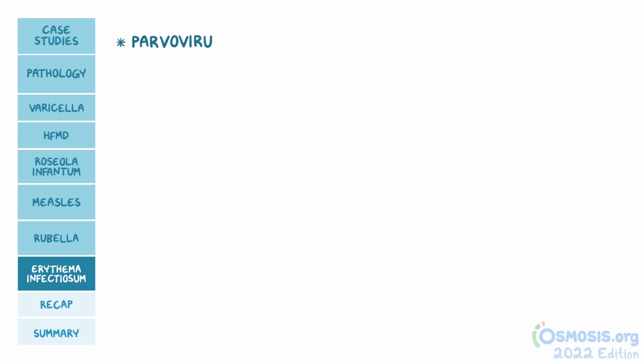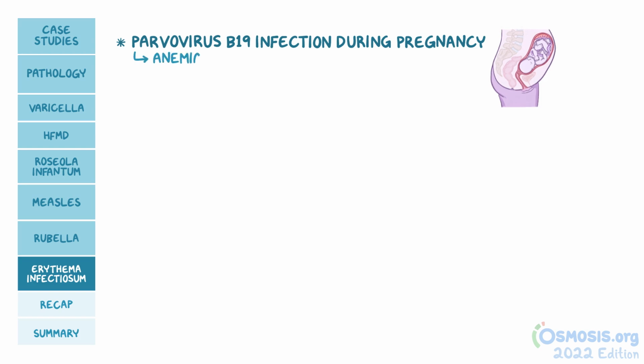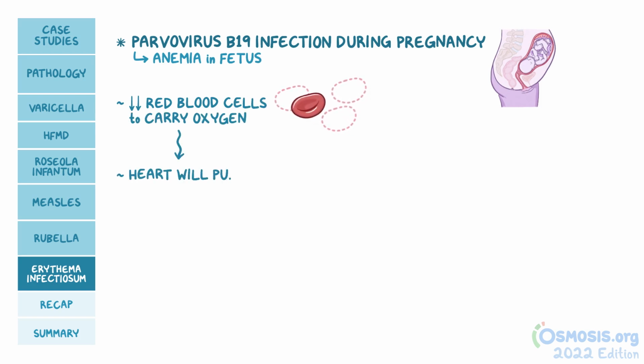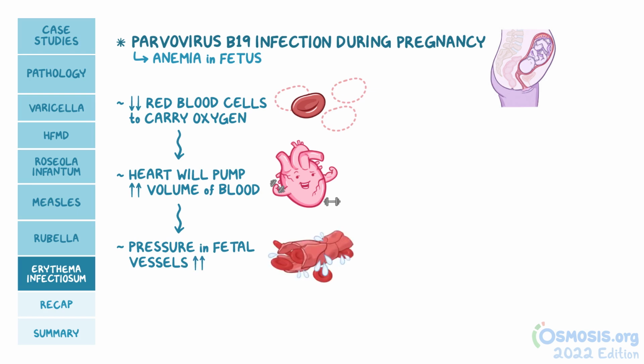Now, parvovirus B19 infection during pregnancy can also cause anemia in the fetus. Because there are fewer red blood cells to carry oxygen, the heart will pump a larger volume of blood to give the growing fetus all the oxygen it needs. As a result, the pressure inside the fetal blood vessels will increase, and fluid may start to leak out.